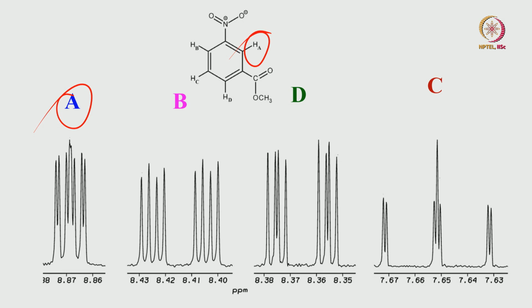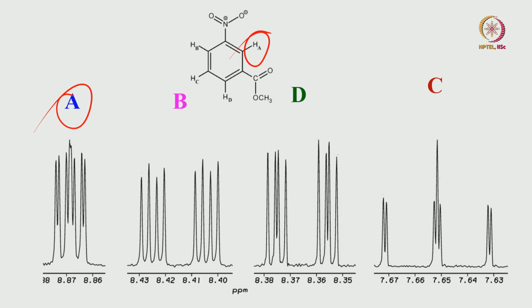Use the idea of predicting the chemical shifts of phenyl protons using the table. Make the assignment. Now, let us see whether my assignment agrees with the predicted value or the splitting pattern that I already discussed. I told you how you should think of the splitting pattern for different protons of the phenyl group. Proton A, you take it.